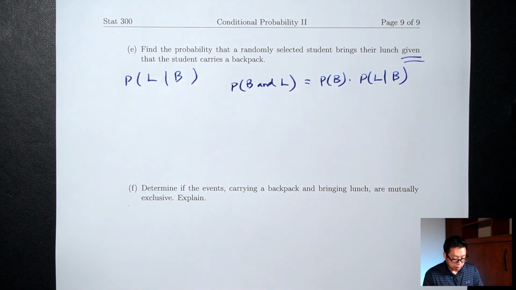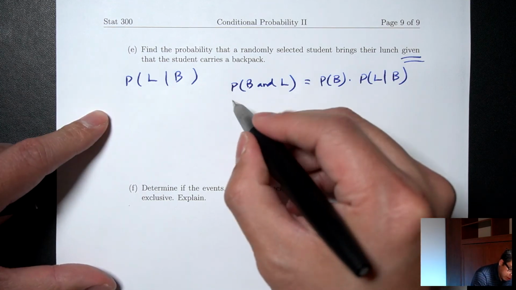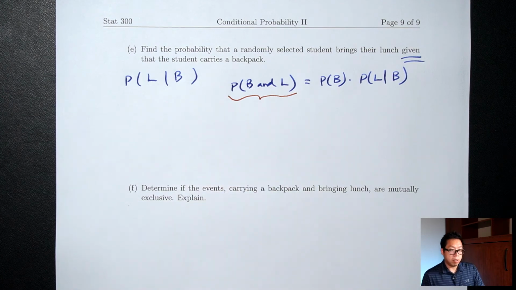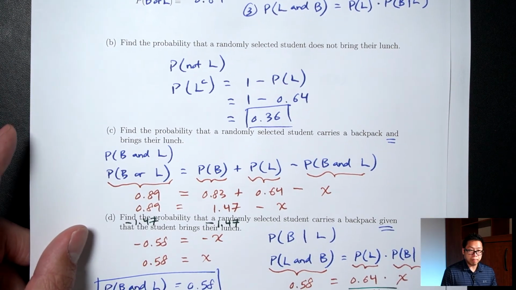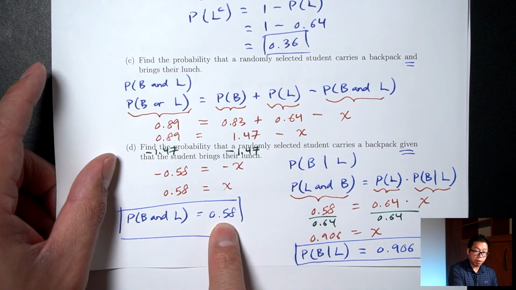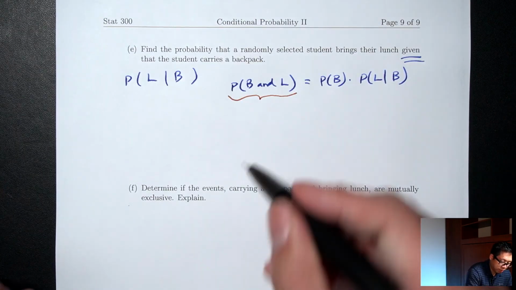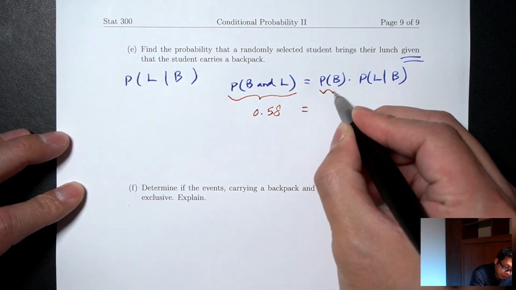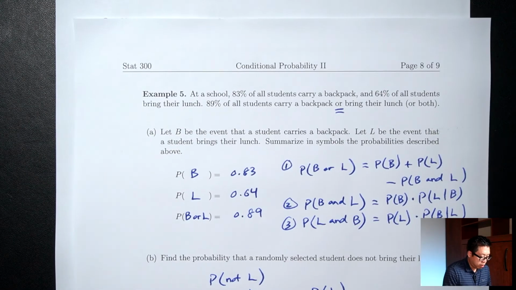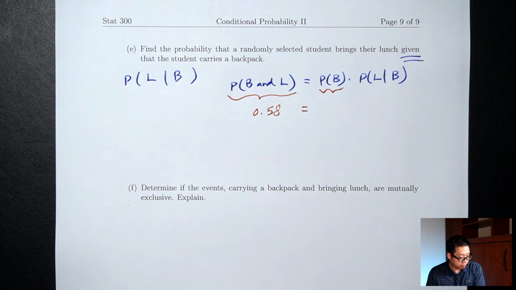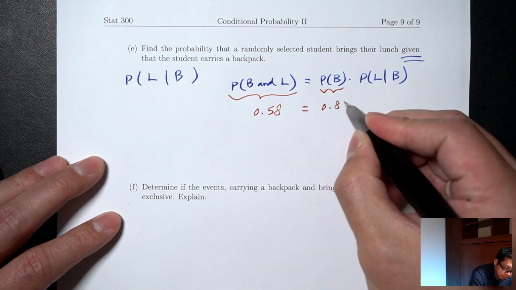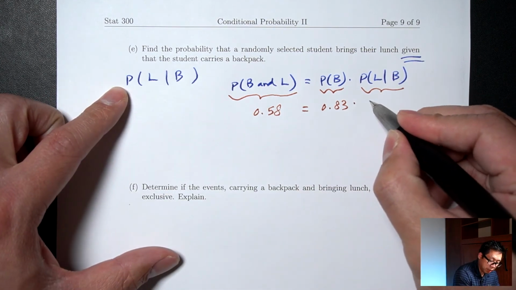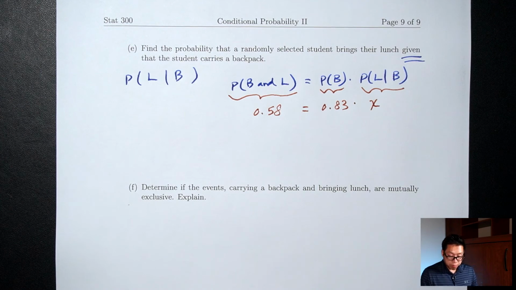Go through, plug in numbers. Probability of B and L, I should know that somewhere. Right there, B and L, 0.58. That equals the probability of B, which I should also know, right there, 0.83, times the probability of L given B. That's what I'm looking for, so let me call that X. Our job is to get the X by itself.